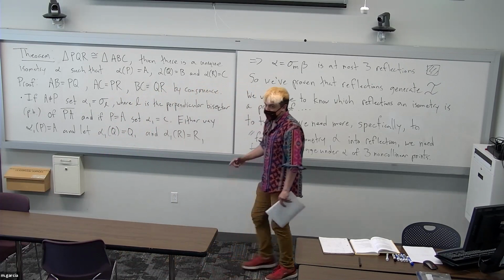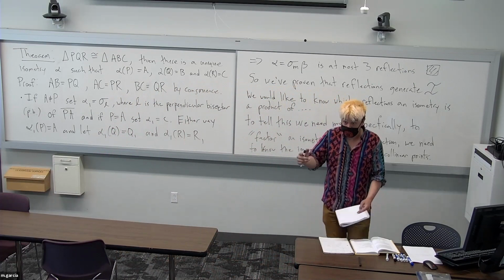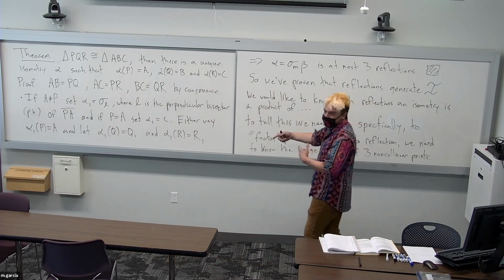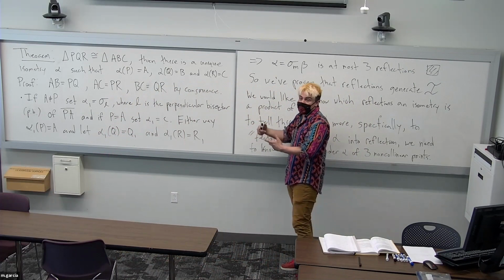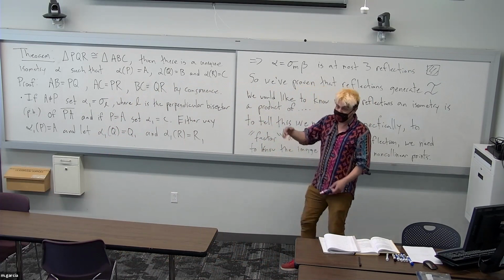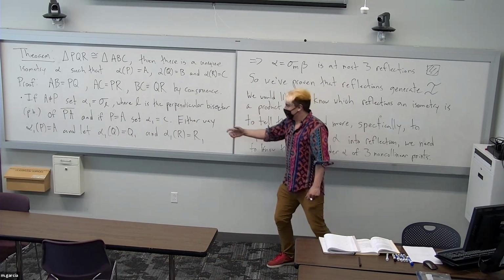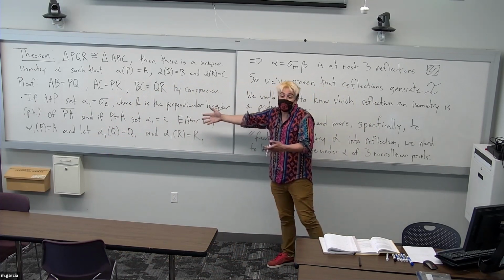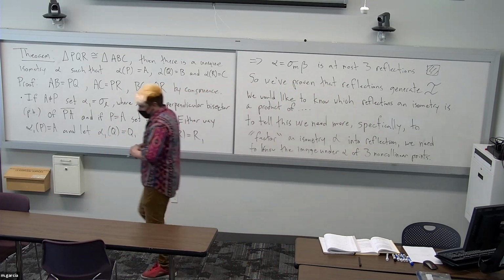Okay, so maybe you can kind of see where this is going. We're going to do the same thing for each, making sure to preserve our previous ones. So we have to construct alpha 2 such that it works well with alpha 1. Okay, so let's do that.